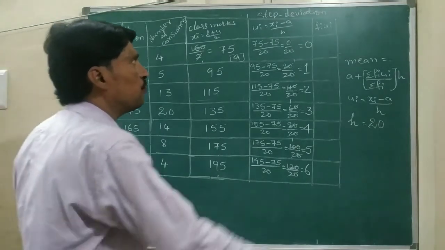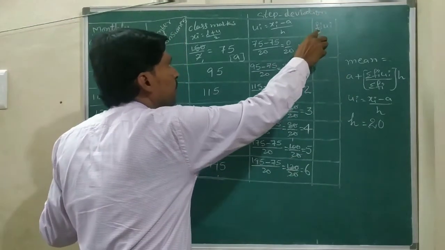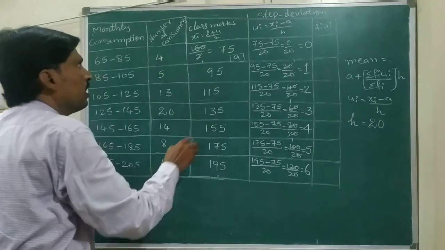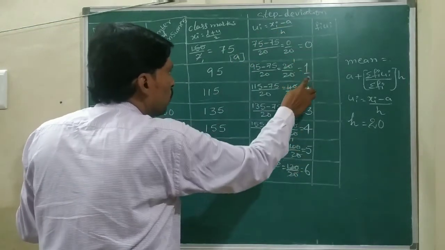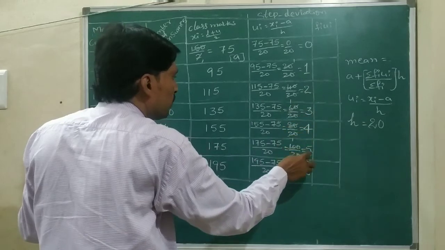Now we need to find Fi Ui. Fi means frequencies, and Ui values we got are 0, 1, 2, 3, 4, 5, 6.